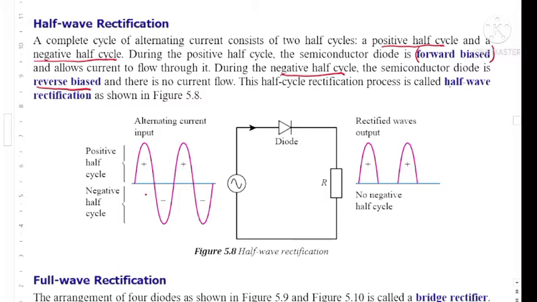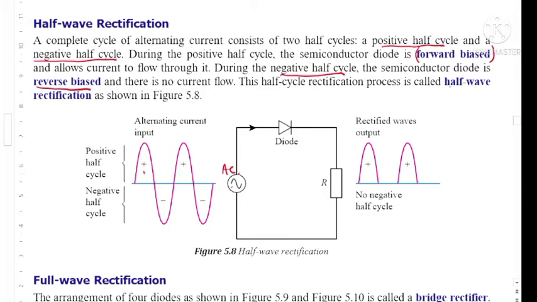this is the input, the current from the power supply. This is AC power supply. Direction of current keep changing every half cycle. Let's say for the positive half cycle, the first positive half cycle, current is flowing from this point to this point.